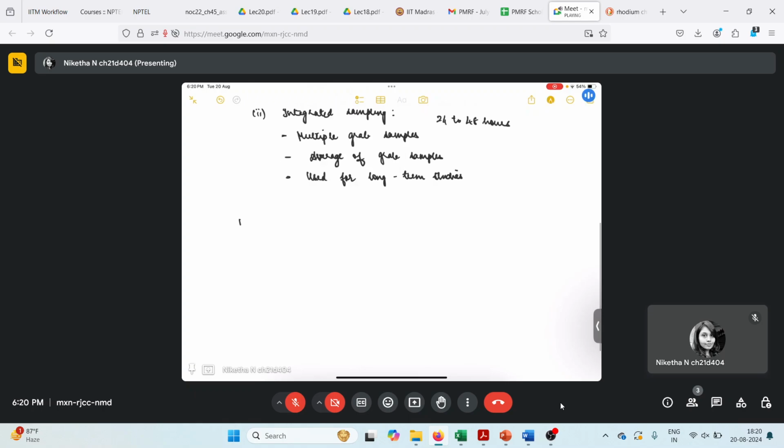And then there are two other types of sampling. One is direct sampling, which is just taking the sample as it is, without any modification.